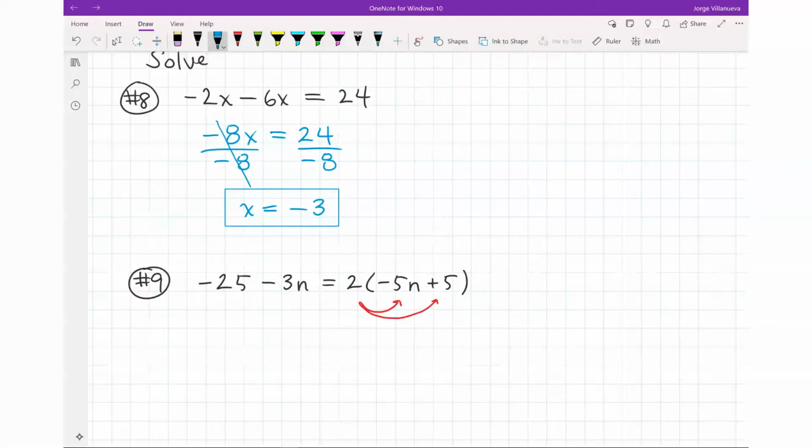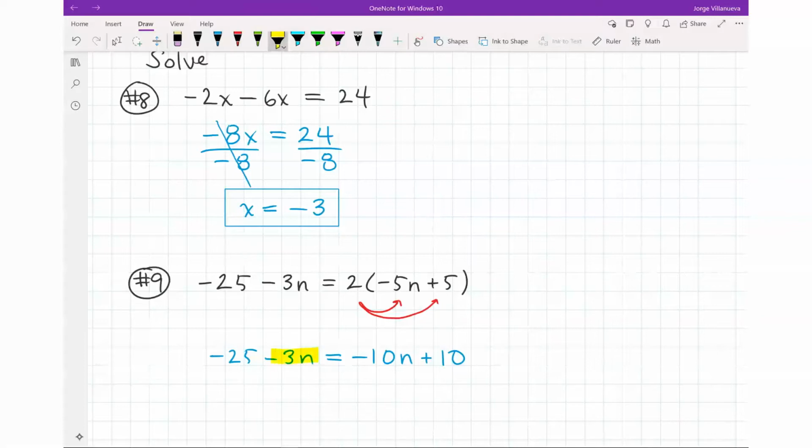So I'm going to move negative 25 minus 3n equals, and let's distribute. So 2 times negative 5n is negative 10n, and then 2 times 5 is 10. Now, usually I will combine my like terms.